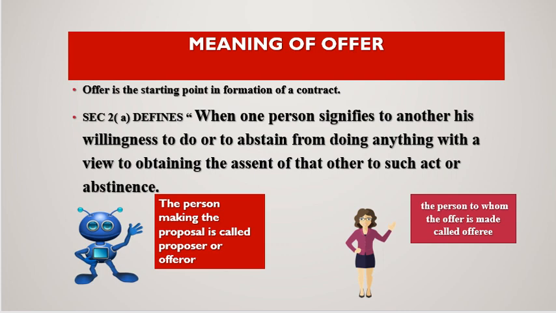When one person signifies to another his willingness to do or to abstain from doing anything with a view to obtaining the assent of that other to such act or abstinence.